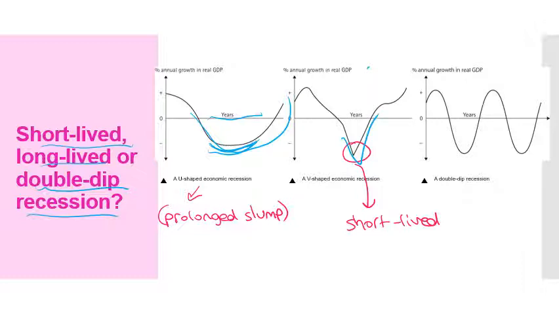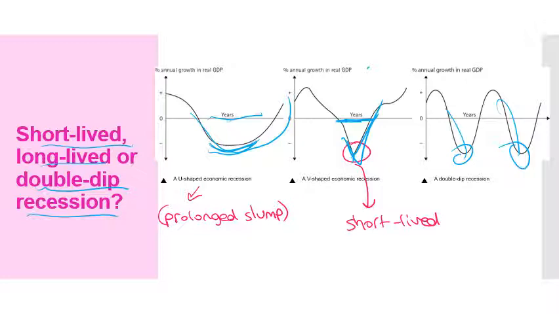V-shaped means this is short-lived. It directly happened, this recession. It reached a slump, and they will quickly overcome it in a shorter period of time than the U-shape. When you reach two slumps, it means you are facing something called a double-dip recession.